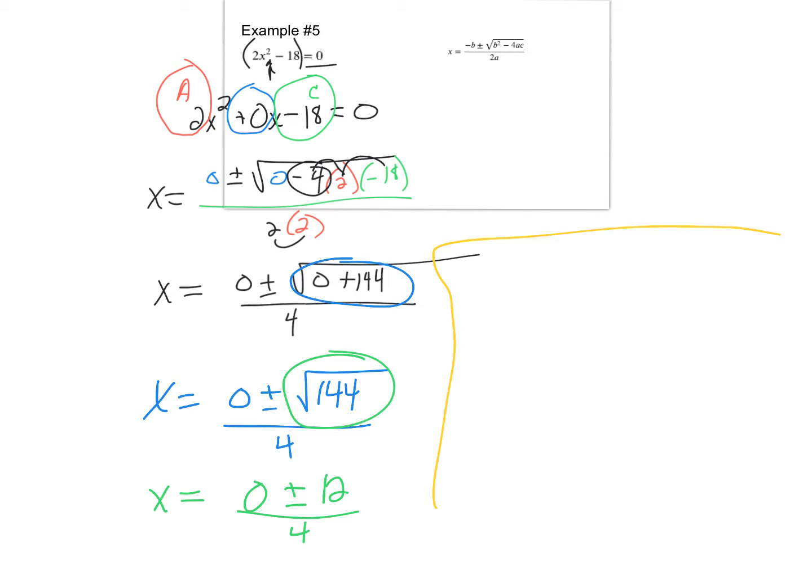And now let's get our positive and negatives. X positive says 0 plus 12 divided by 4, which is 12 over 4, or 3.